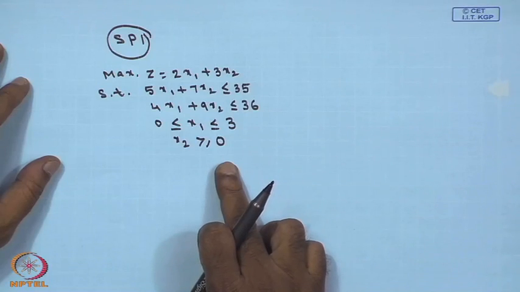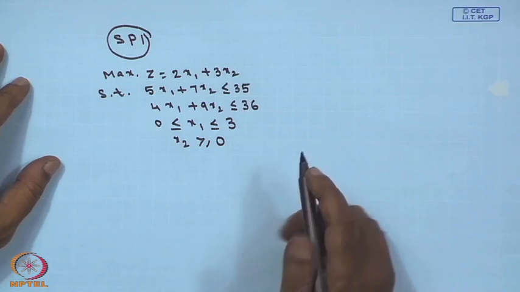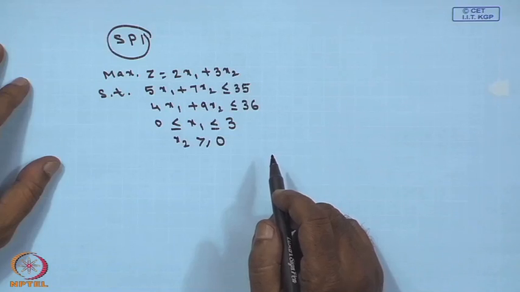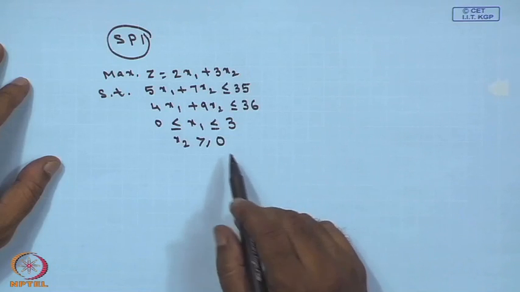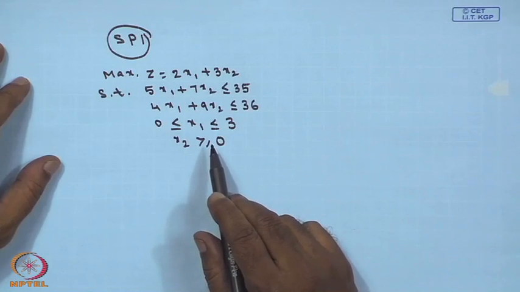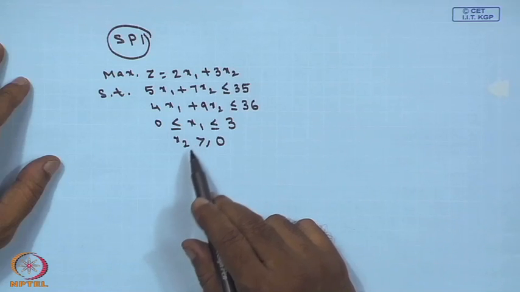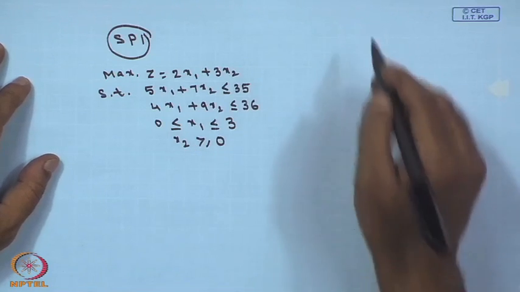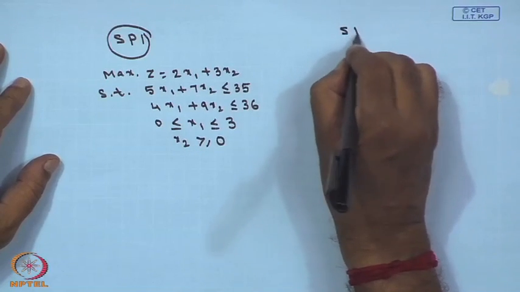We will see later why, because we have to impose the restriction on one variable at a time only. We are just saying x2 is greater than equals 0, and obviously x1 and x2 both are integers. So, this is your SP1.